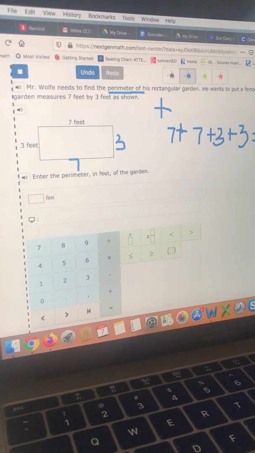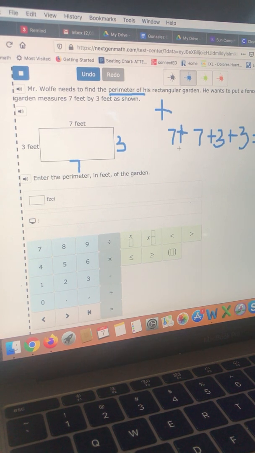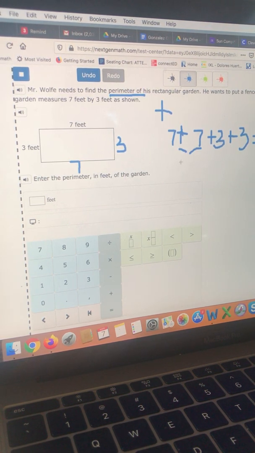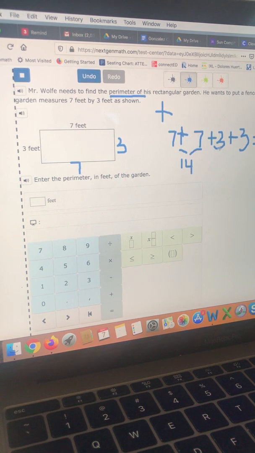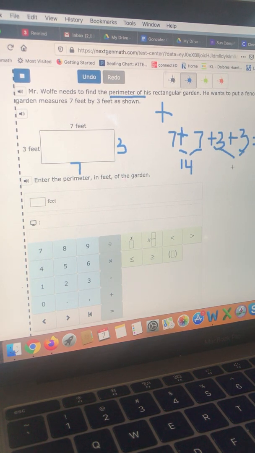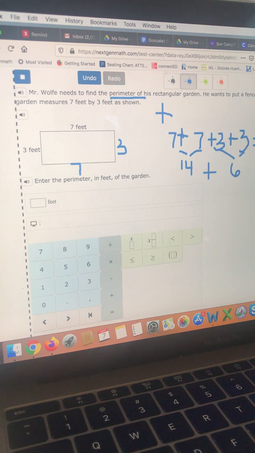I will add all these sides to get the total perimeter. 7 plus 7 is 14. 3 plus 3 is 6. Then you add 14 plus 6 more, and that gives you 20.